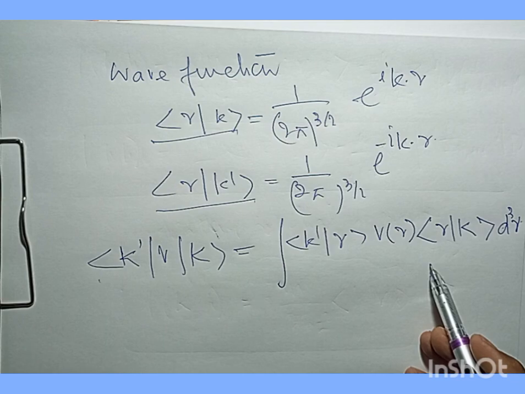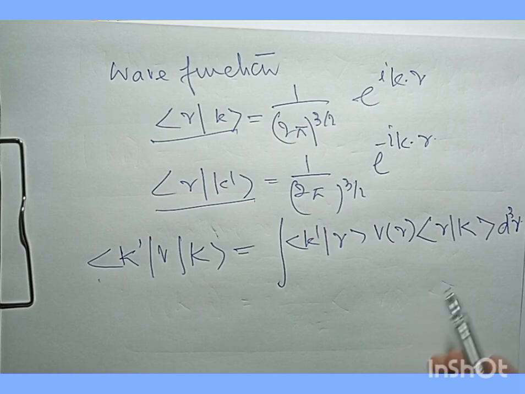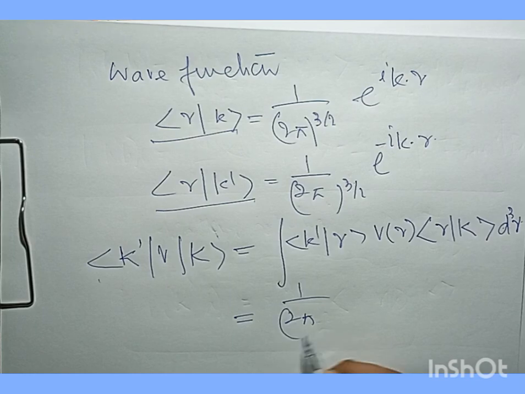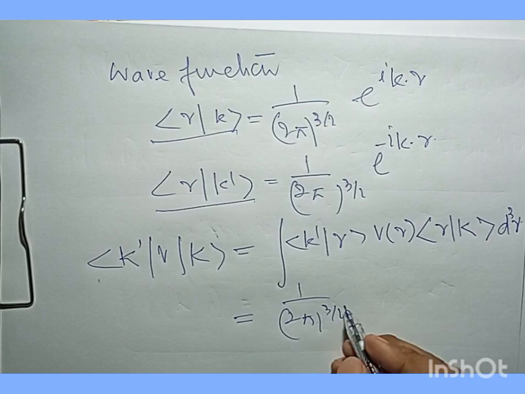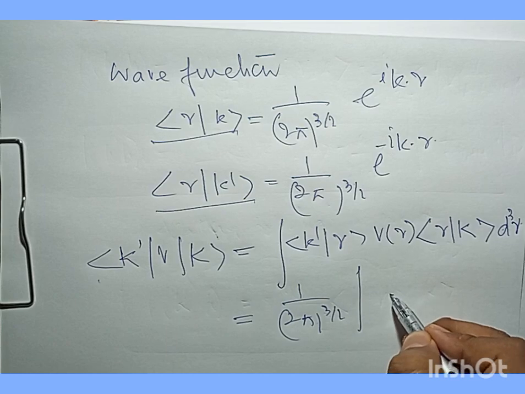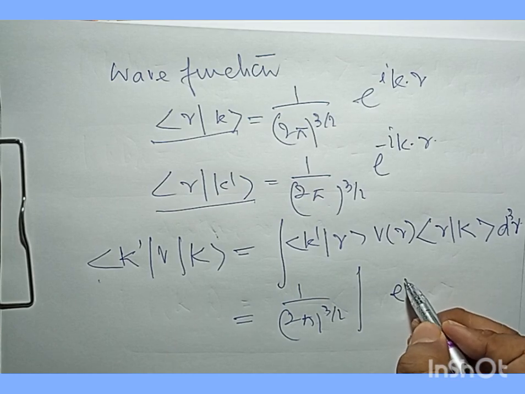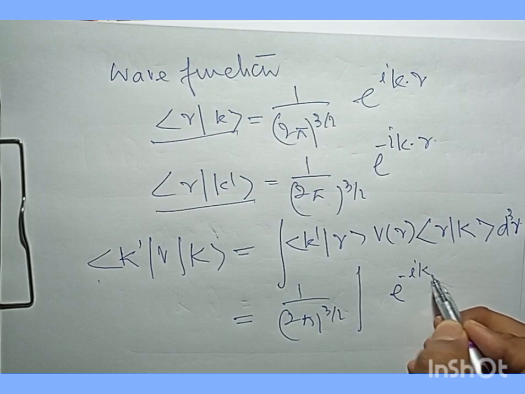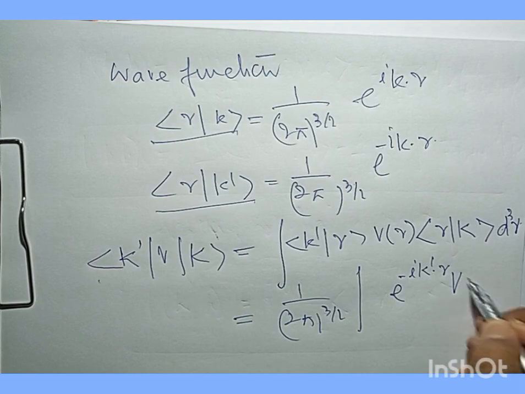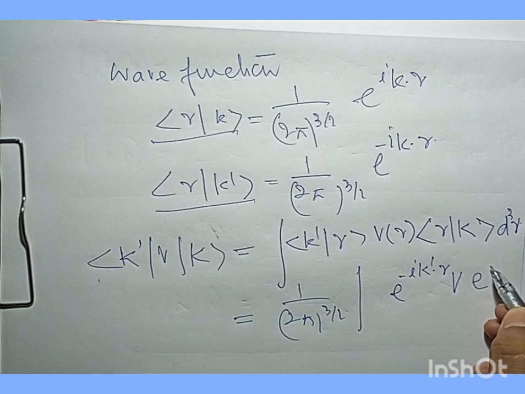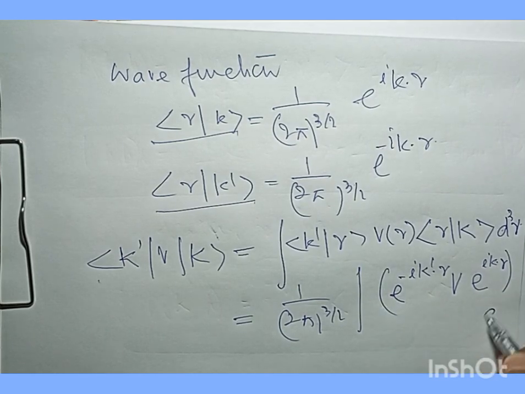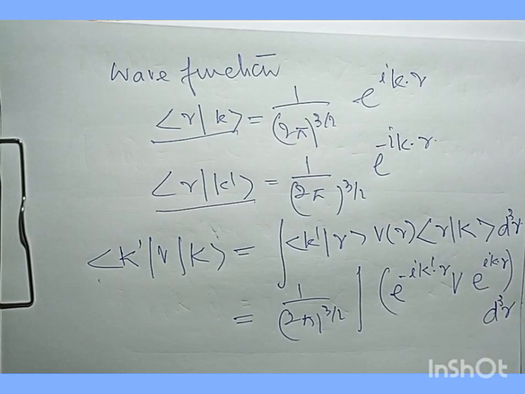When we substitute the wave function, we have 1 by 2 pi whole raised to the power 3 by 2, then the integral of e to the power of minus i k dash dot r, then v, then e to the power of i k dot r, and then d3r.